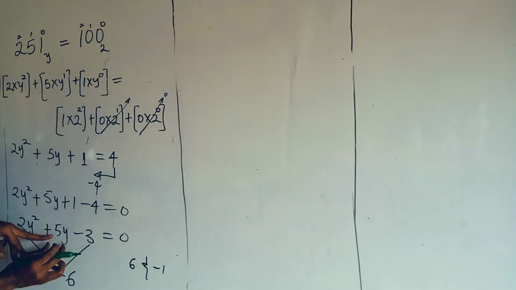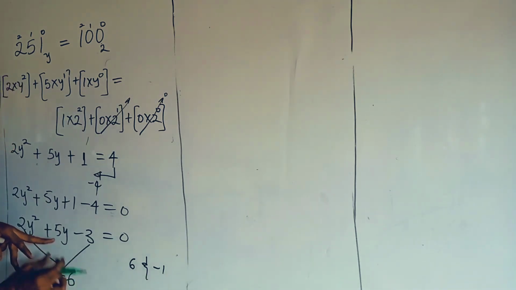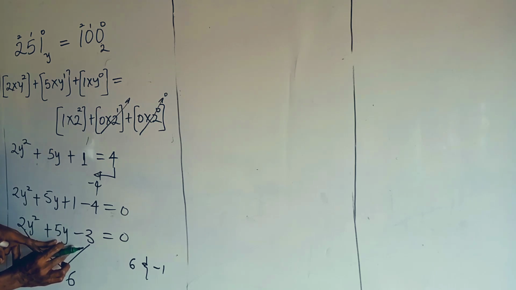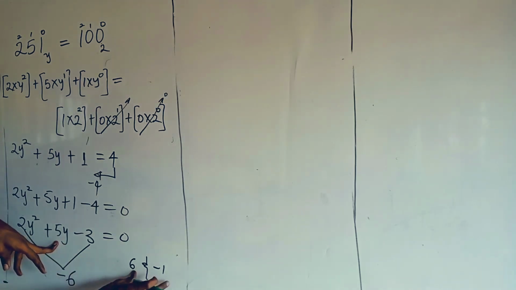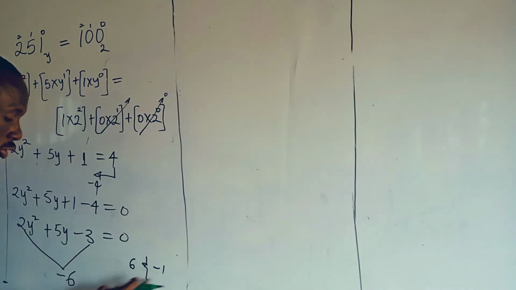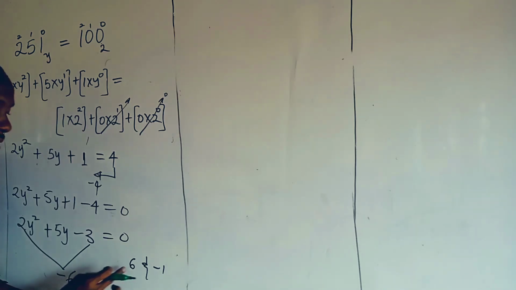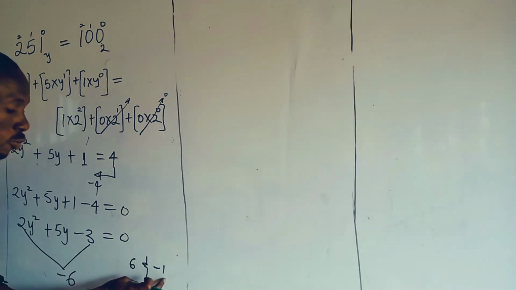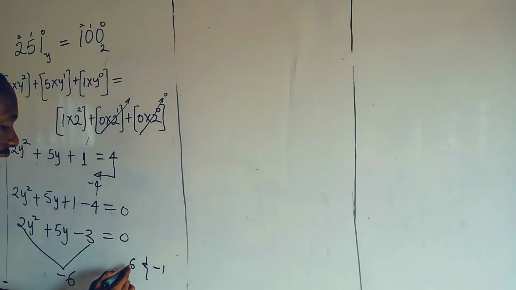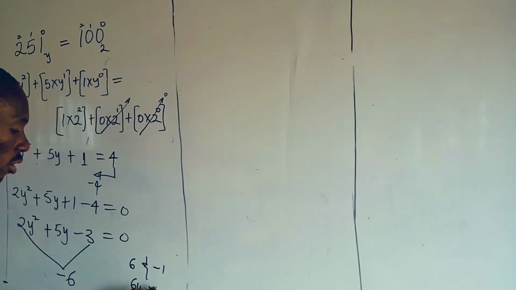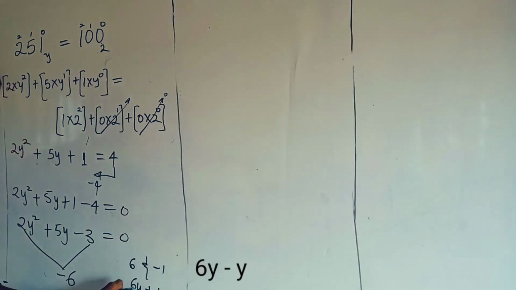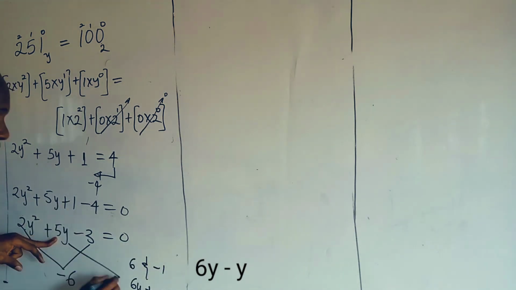Let me explain why: 6 times minus 1 will give me minus 6, and 6 plus minus 1 will give me 5. So instead of writing 5y, I'll replace it with 6y minus y.